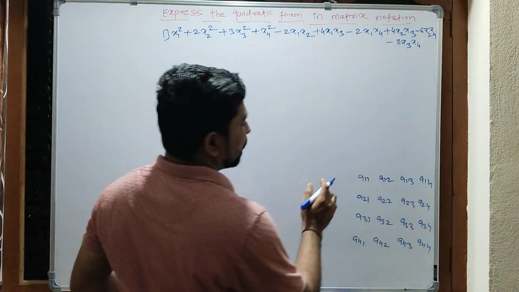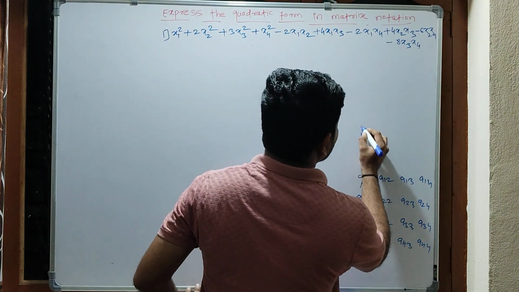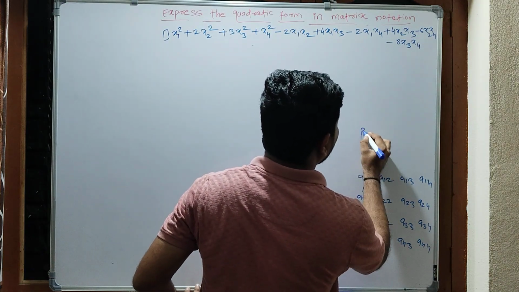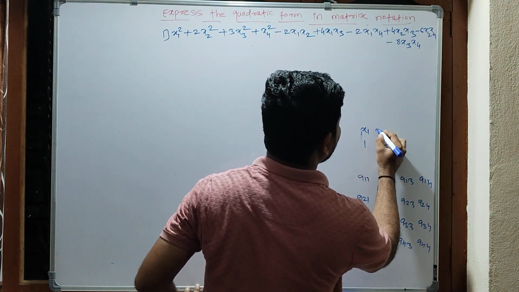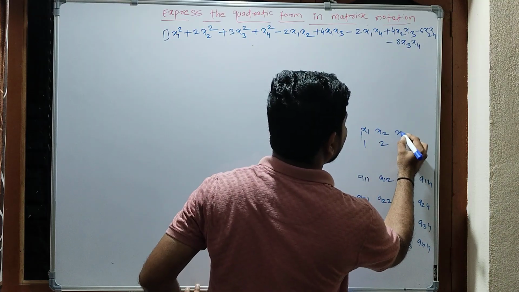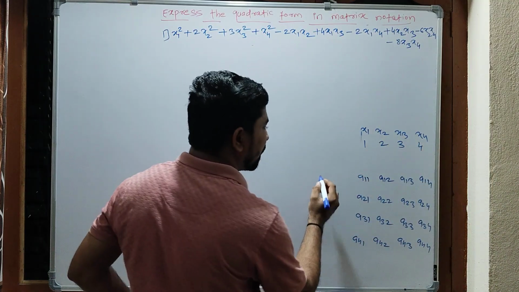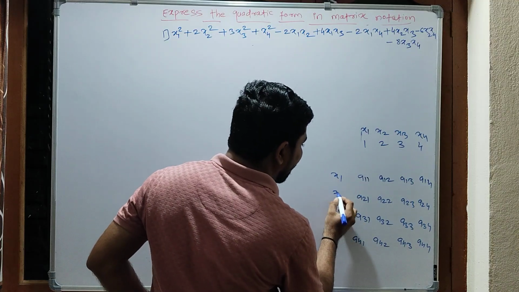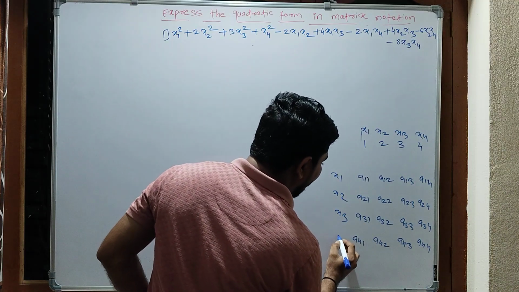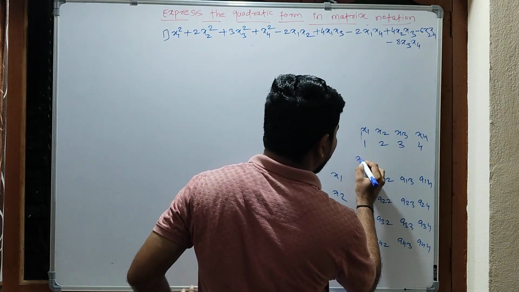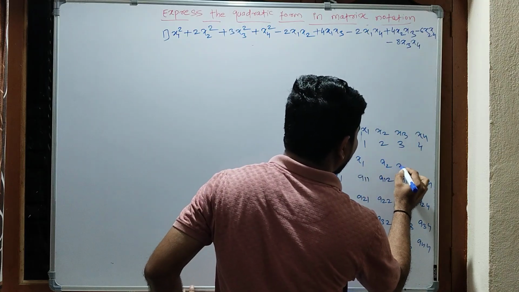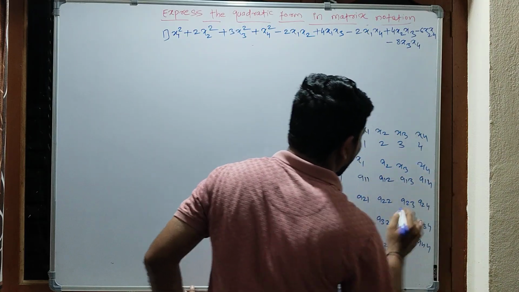Corresponding to 1 I have x1, corresponding to 2 x2, corresponding to 3 x3, corresponding to 4 x4. So write x1, x2, x3 and x4 on both sides.